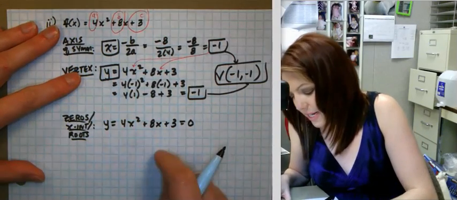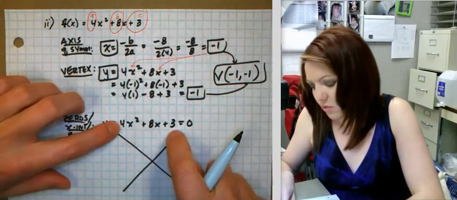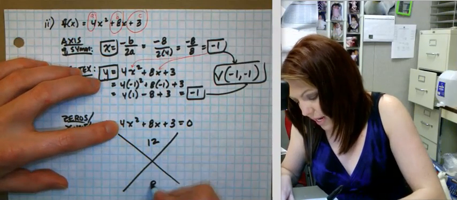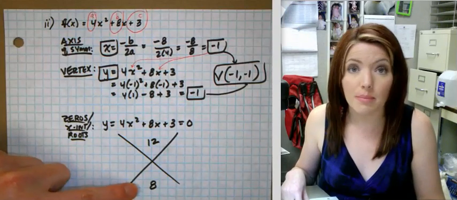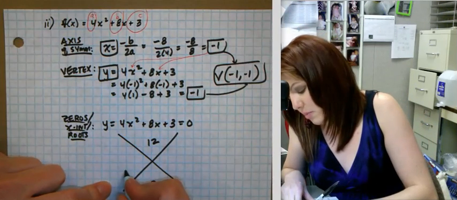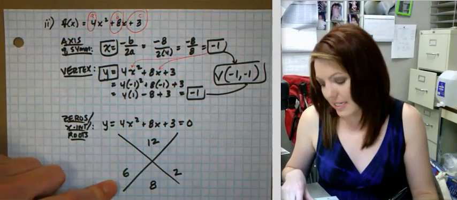Okay, so here we go. Remember, we set it equal to 0 to find the roots, and again, let's try our diamond. So 4 times 3 is 12 and 8. We're looking for two numbers that multiply to 12 and add up to 8 at the same time, which are 6 and 2.